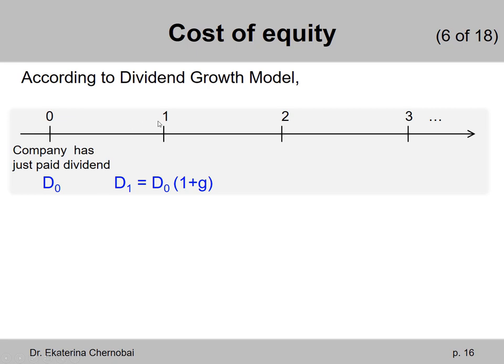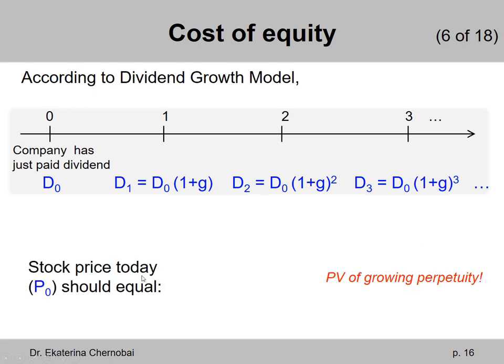So the dividend in 1 year, D subscript 1, will equal D0, the current dividend, multiplied by 1 plus g, the growth rate. In 2 years, it will be even higher, and so in the formula, you will add the power 2 to the term 1 plus g. Year 3 from today, the dividend will be higher again, the power changes to 3, and so on in perpetuity.